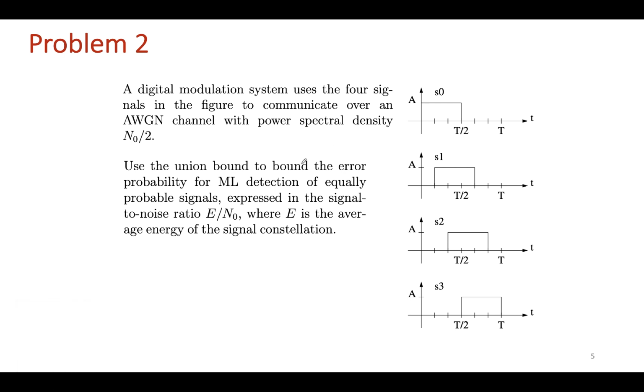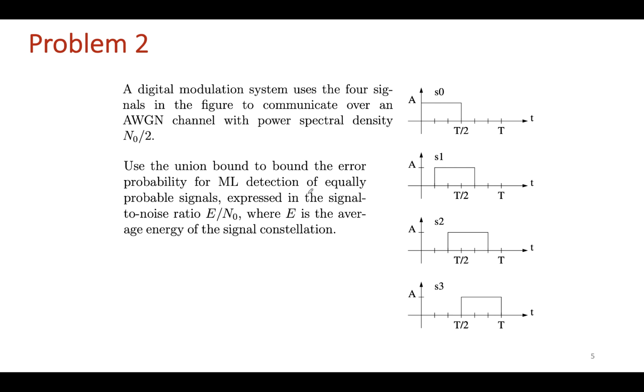You are asked to find the probability of symbol error using the union bound, expressed in terms of the signal to noise ratio, where E is the average energy of the signal constellation.